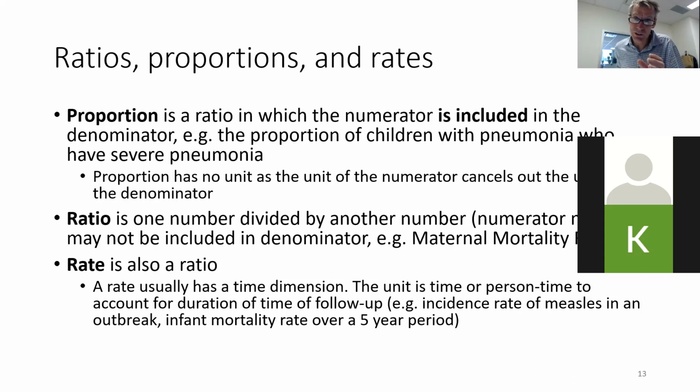Now, a ratio is a little bit different. It's one number divided by another number, but the bottom number, the denominator, doesn't have to be the same as the top number. And so the maternal mortality ratio, for example, this is a bit confusing, is the number of mothers or women who die in pregnancy or labor or the immediate postpartum period divided by 100,000 live births.